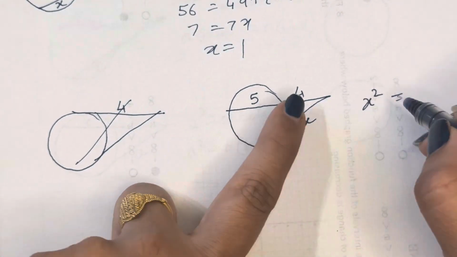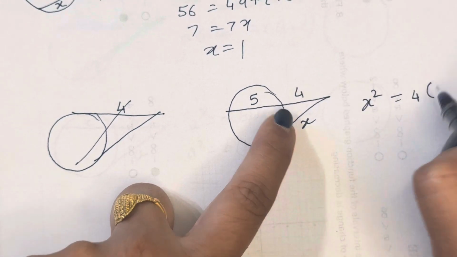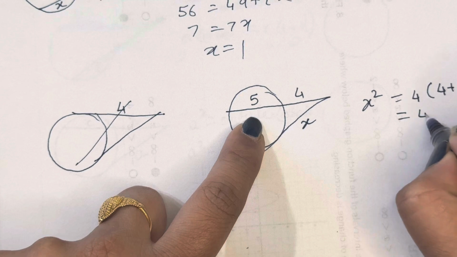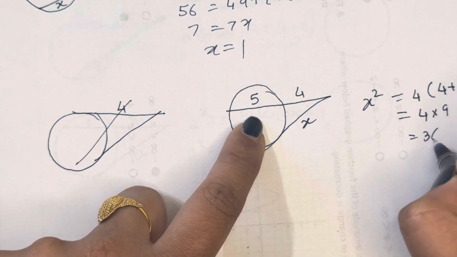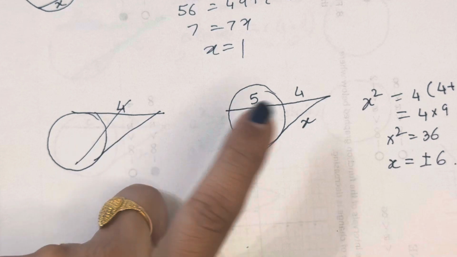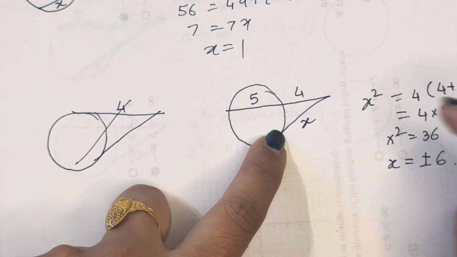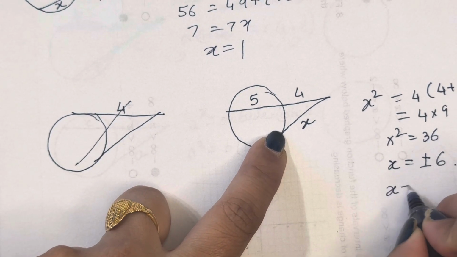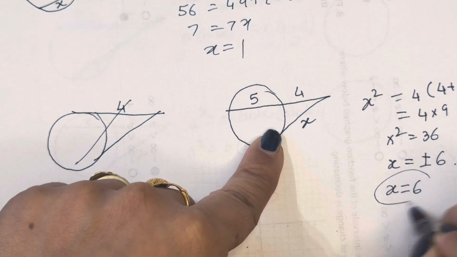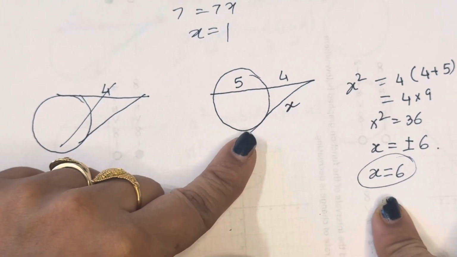So x square is equal to outside, which is 4, times whole. What is whole? 4 plus 5, so 4 times 9, which is 36. x square is equal to 36, so x is equal to plus or minus 6. Length of a segment can never be negative, so we are going to disregard that negative sign. So we'll say the value of x will be just 6.